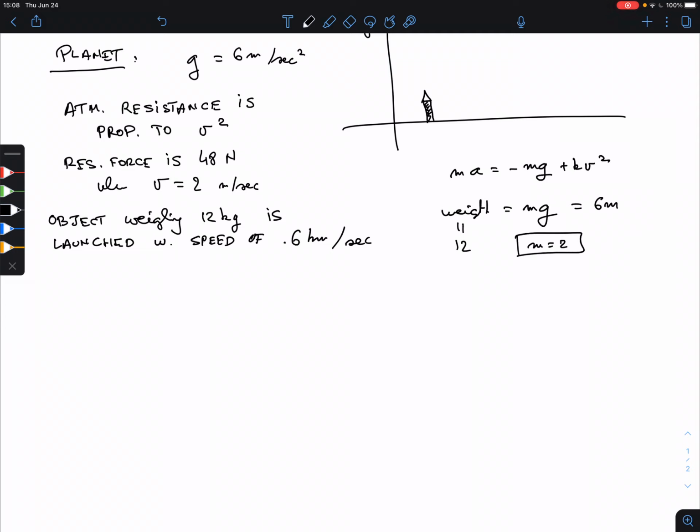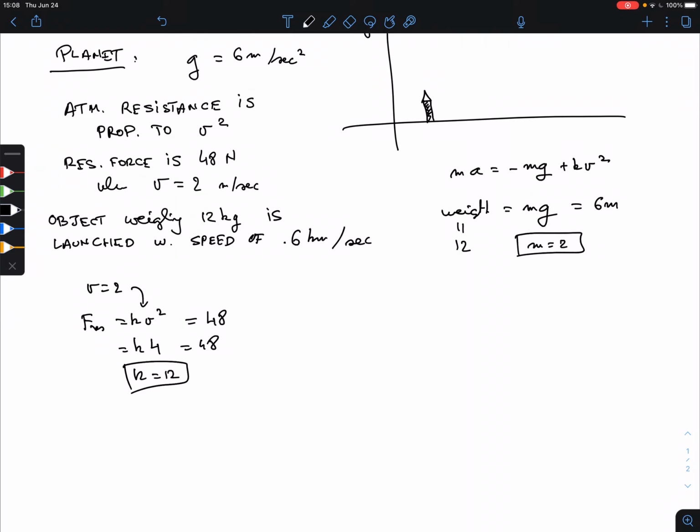Okay, that's good. So what is k now? What we know about k is that if v is 2, then the resistive force, which is kv squared, is equal to 48. So v is 2, k times 4 is 48, so we find that k is 12.